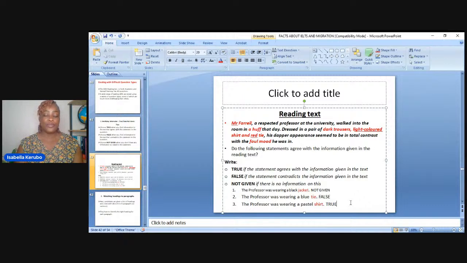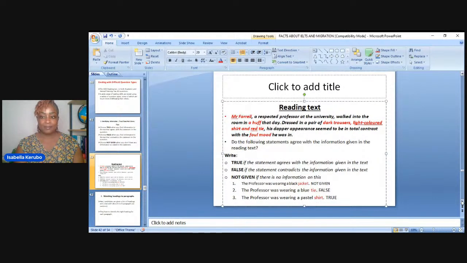Or you choose not given if such information does not appear anywhere in the text. All right. So this is how to deal with the identification of information question types in the IELTS reading test.